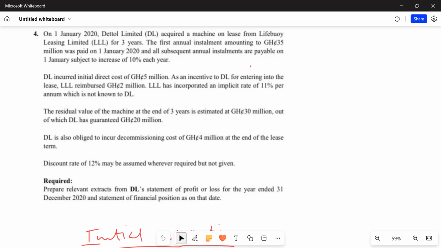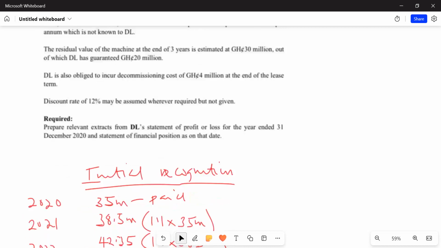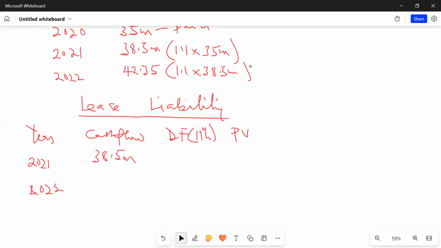The original rentals. So in 2022, our liability there or our cash flow there will be the 42.35 plus the 20 million, which is the guaranteed residual value that they are saying they are going to give to the lessor at the end of the lease period.